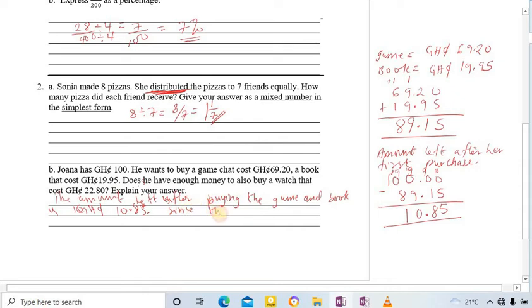Since the watch costs Ghana cedis 22.80, we can therefore say that Joanna does not have enough money to buy the watch.